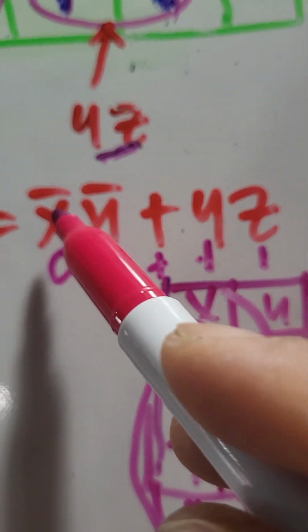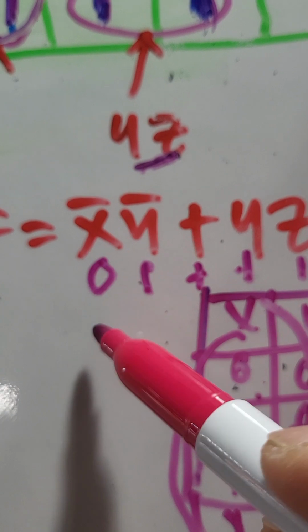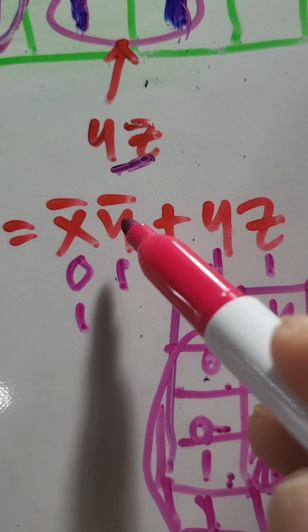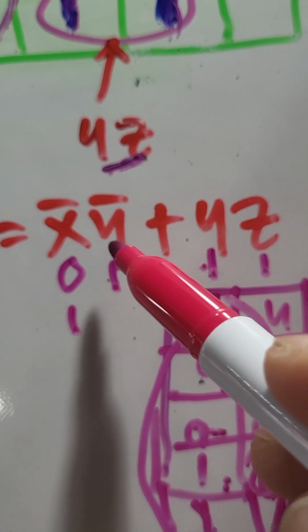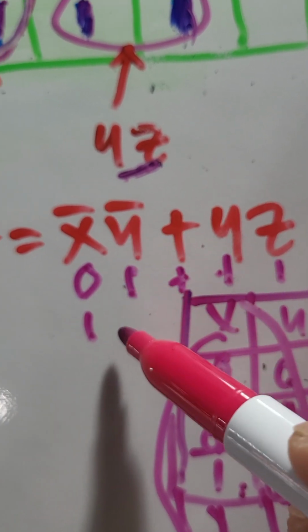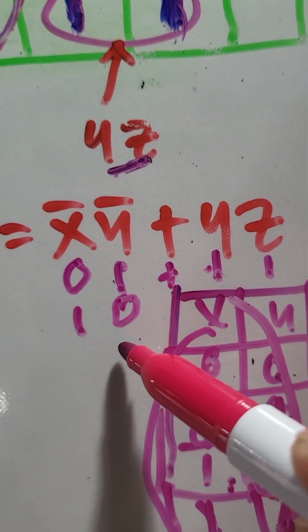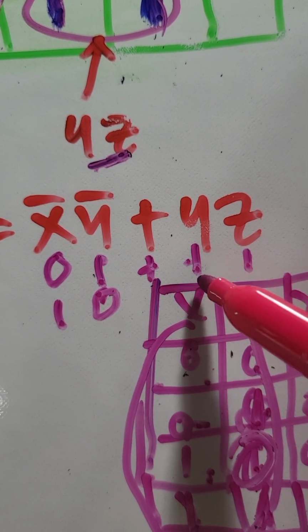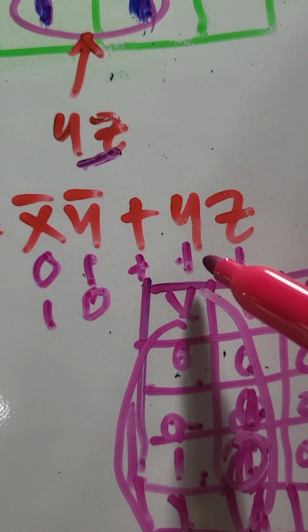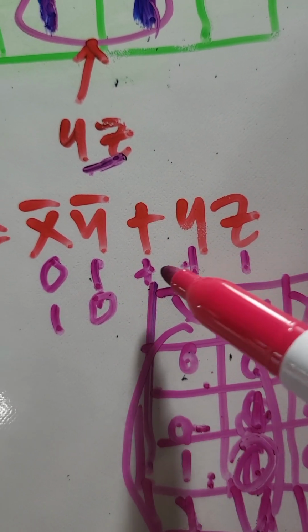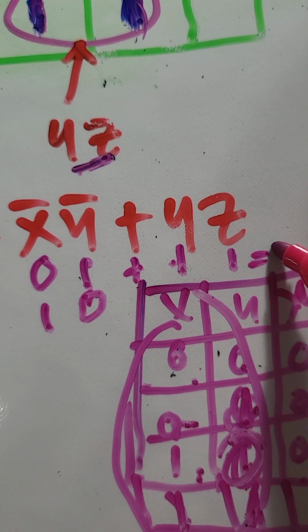And since this is x bar, this is 1. And since y is equal to 1 bar, this is 0. And since all this is not, there's no bar here, so 1 times 1 is 1. So the answer here is 1.